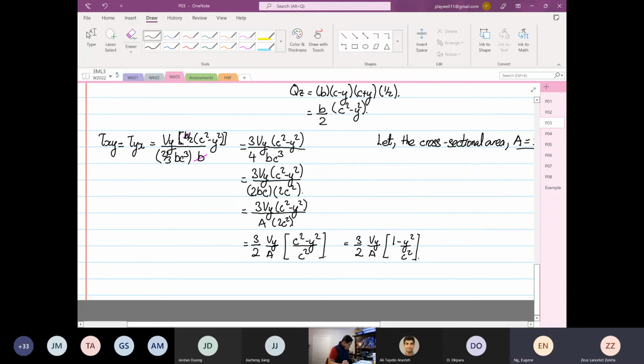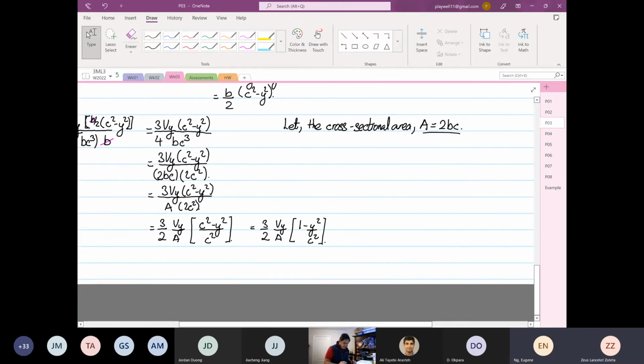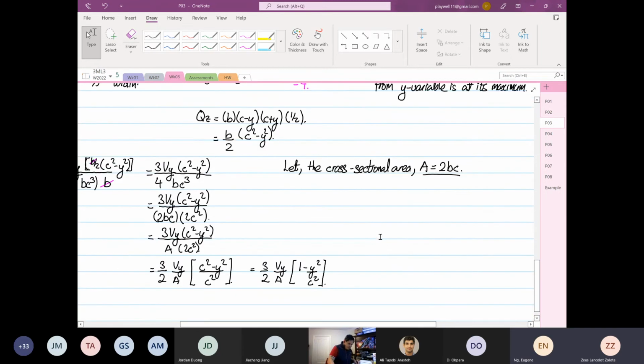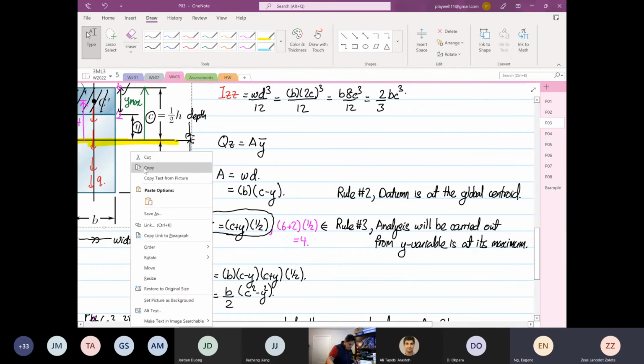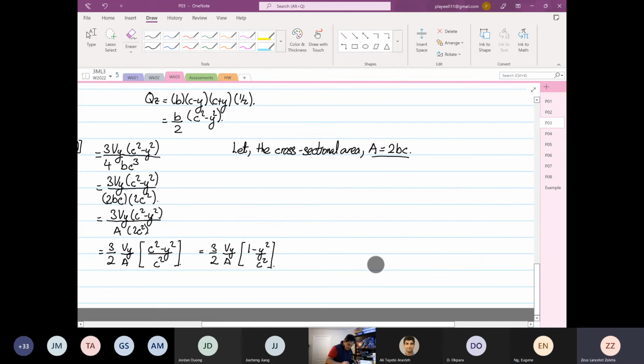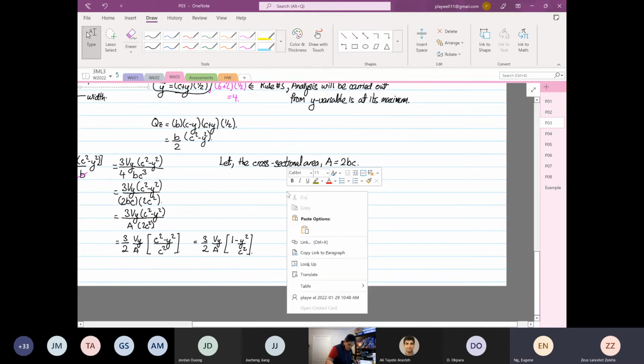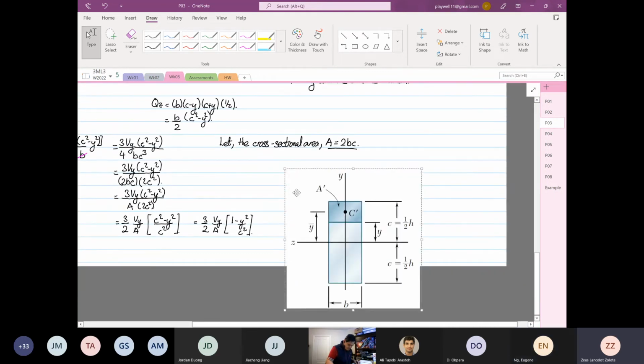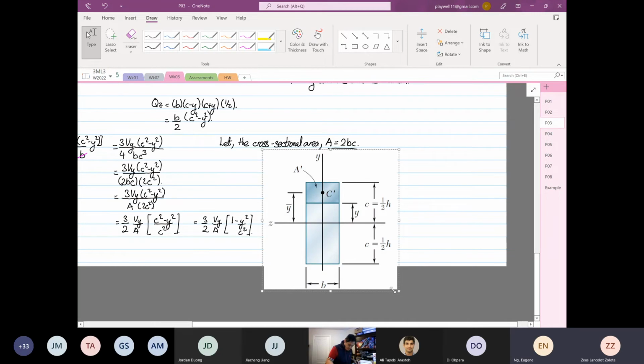Now, what does this actually mean? Looking at the equation, I'm going to bring the diagram again and paste it down here, making it smaller.